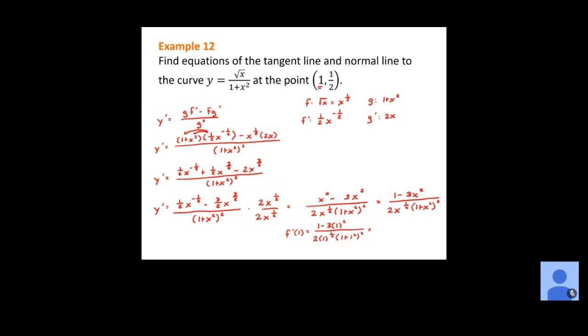All right, now we just need to simplify this. So if we do 1 minus 3 times 1 squared, what's the numerator going to be? It's going to be a negative 2. Good. Over. And then down here, we've got 2 times 1 to the 1/2. Well, that's just the square root of 1, which is 1. So that's 2 times 1. And then 1 plus 1 squared, that's going to give us a 2 squared. And so what's all that going to simplify to in the denominator?